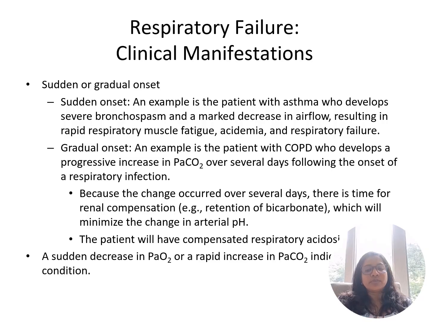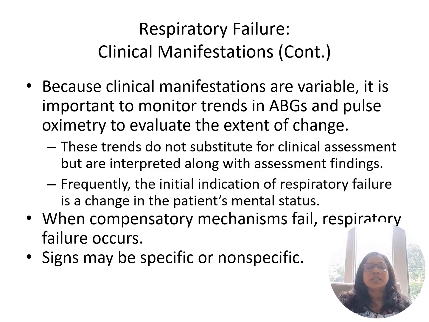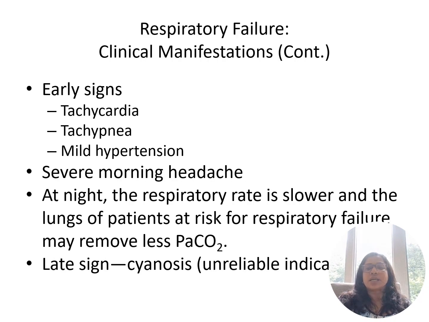Those are also the patients you would see in renal failure. One thing to watch for: the early signs and symptoms are tachycardia, tachypnea, and mild hypertension, but also watch for agitation, restlessness, confusion, etc., because those are the early signs you're going to see in a patient.